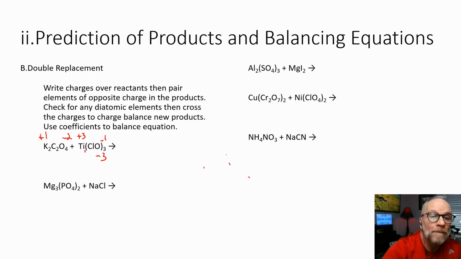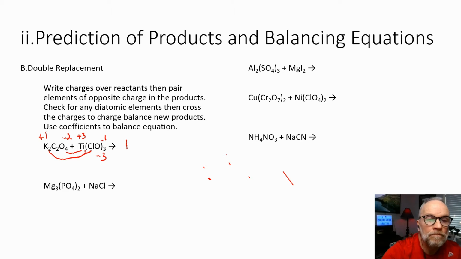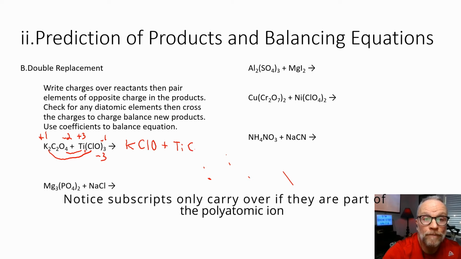So he goes over and dances with hypochlorite, and titanium dances with dichromate. So they switch dance partners, always positive by negative. So potassium will dance with hypochlorite, and then titanium will dance with dichromate.